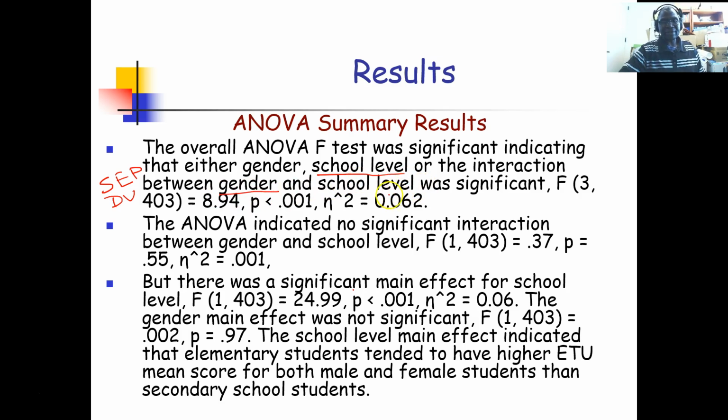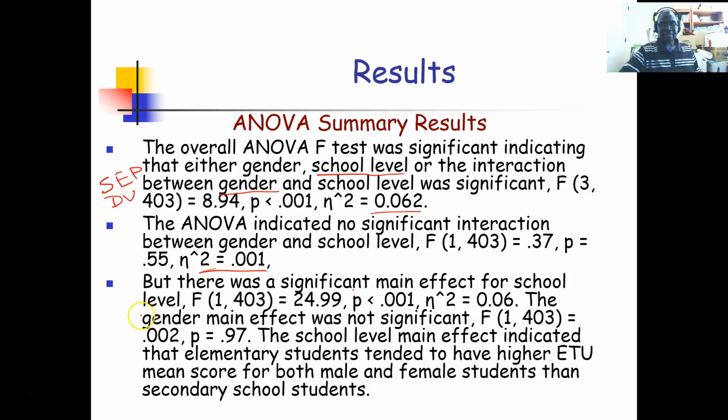The overall analysis of variance model was significant, and the overall model explained about 6% of the variance in the dependent variable, that is, in student educational perspectives. There was no significant interaction effect between gender and school level, and the effect size was very small.